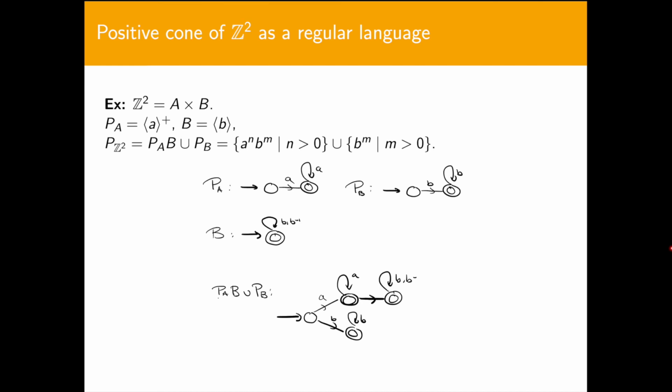And you can see here an automaton that accepts only positive A's, an automaton that accepts only positive B's, and then P_AB is just a combination of these automata on the top.